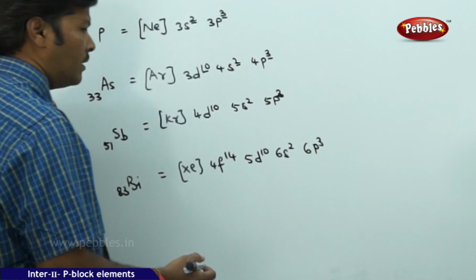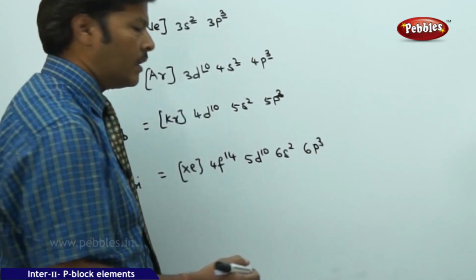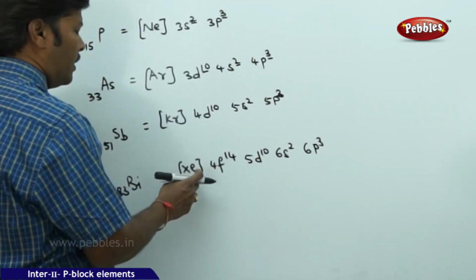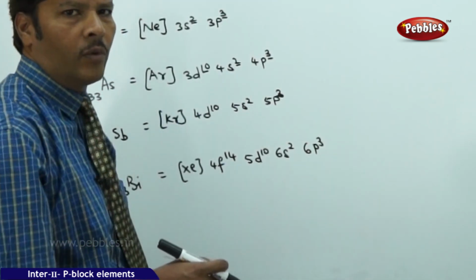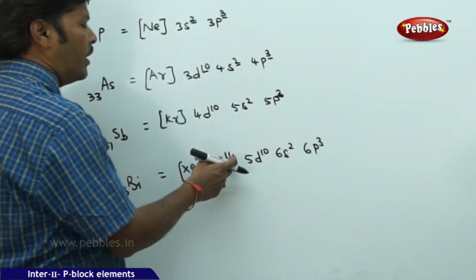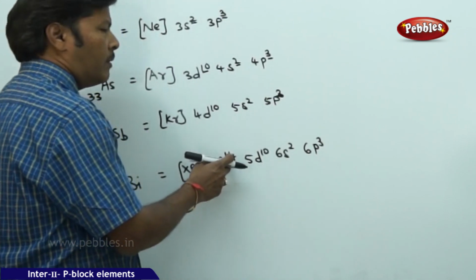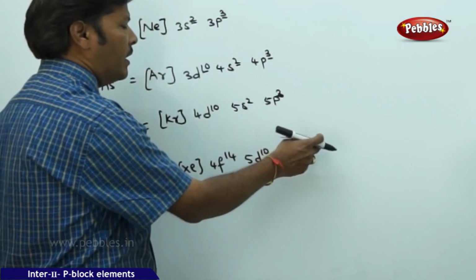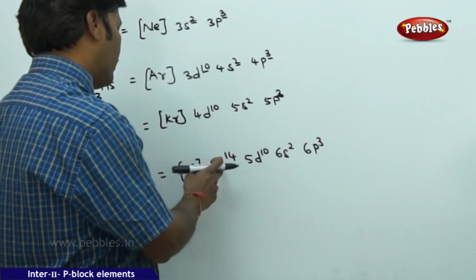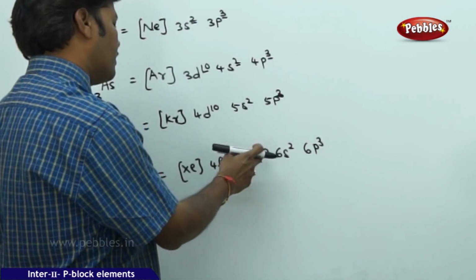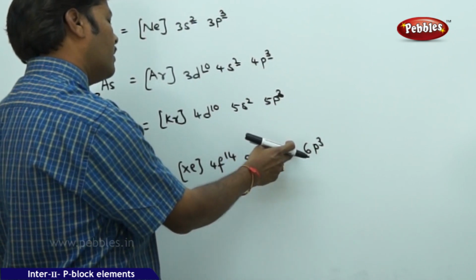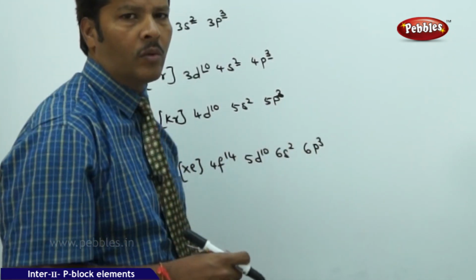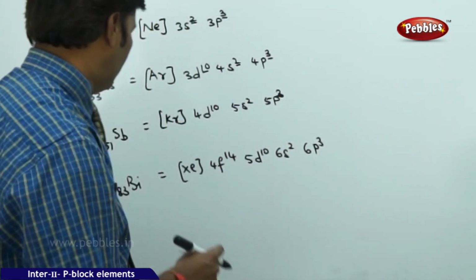So it is very clear: xenon has 54 electrons, plus 14 is 68, plus 10 is 78, plus 2 is 80, plus 3 gives 83, the total number of electrons present in bismuth.